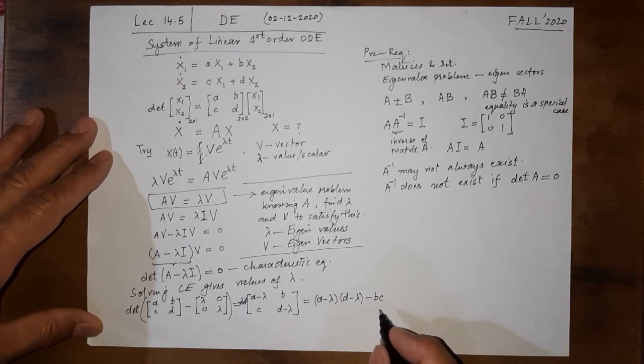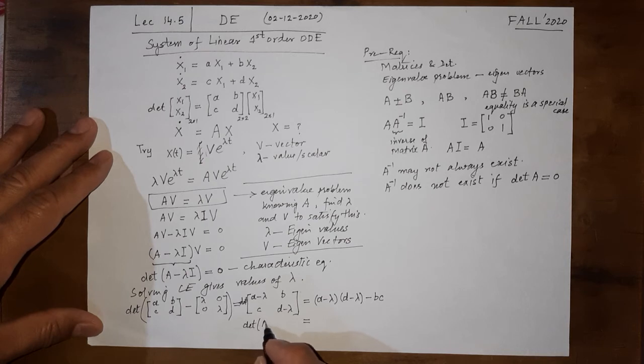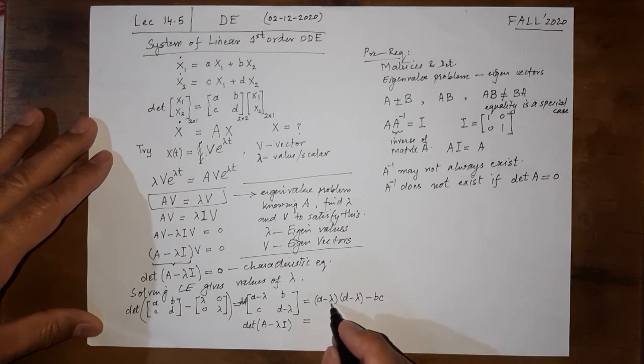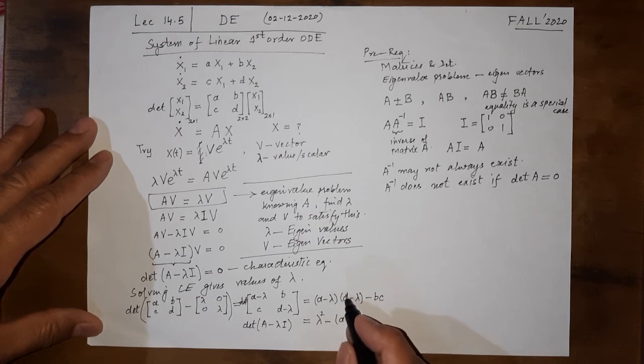So the determinant of A minus lambda I would be lambda squared minus (a plus d) lambda plus ad minus bc.